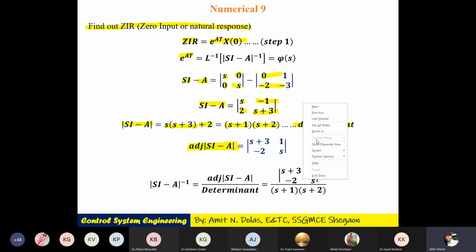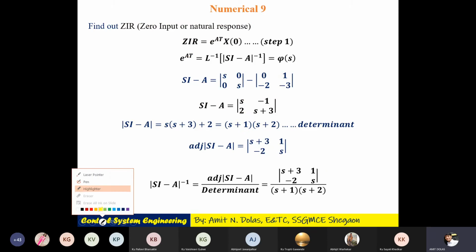How is it done? You just see. Here in sI minus A, s is here and s plus 3 is here. So we interchange those terms diagonally.